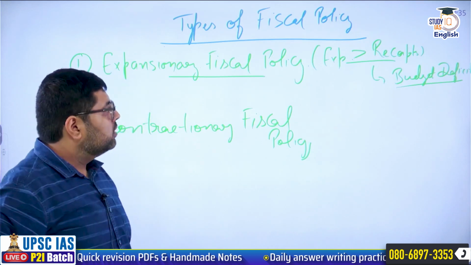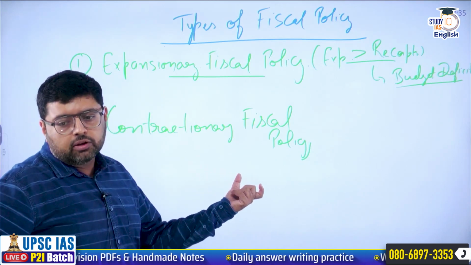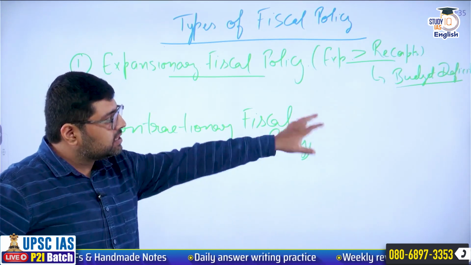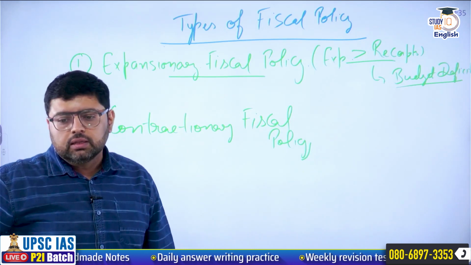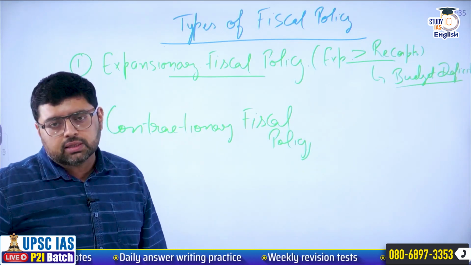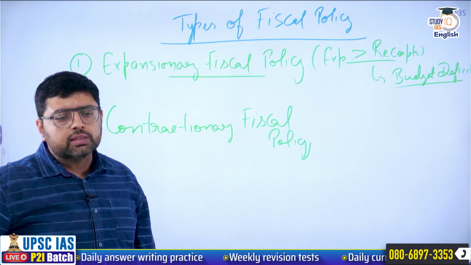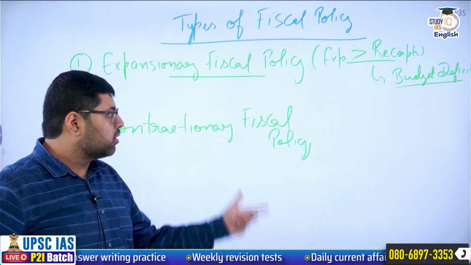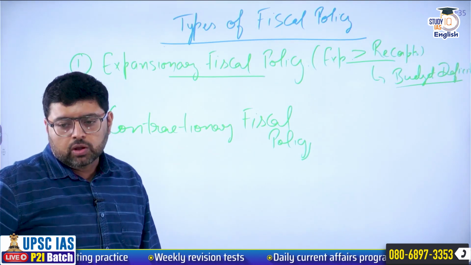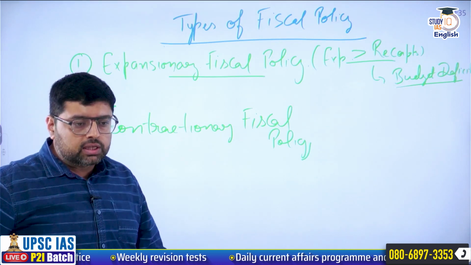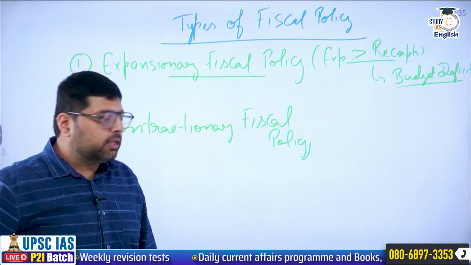If your receipts are more than your expenditure, the budget is surplus, and you can say it is contractionary fiscal policy. We'll talk about this in detail later for more clarity.